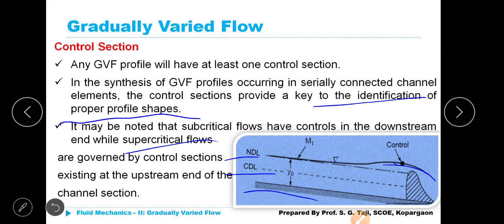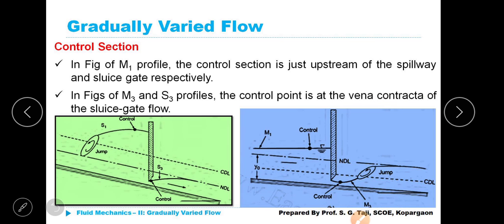If I construct during the flood season or monsoon season, when a flood occurs, what would be the ill effect on the public in society, whether their land properties or any other properties may be submerged? For that, up to what length these surface profiles occur should be known. Accordingly, it can be controlled, right? So for that purpose, this control section is very, very essential.